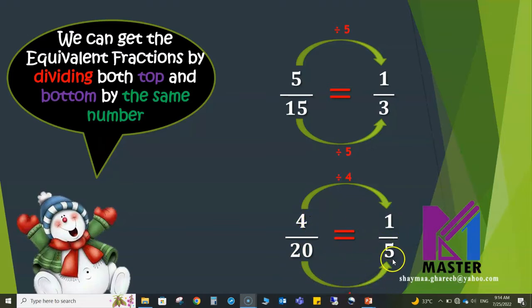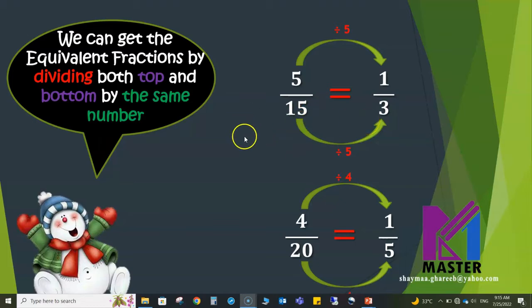So 1/5 is equal to 4/20, and 1/3 is equal to 5/15. These two fractions are equal to each other. They are equivalent fractions. And these two fractions are equal to each other. They are equivalent fractions.